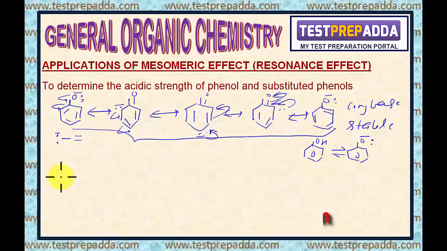But the question arises, if you draw the structure of phenol, in phenol also you can see the lone pair in conjugation with the double bond. So phenol will also exhibit resonance. Here also we can write different resonating structures like this.